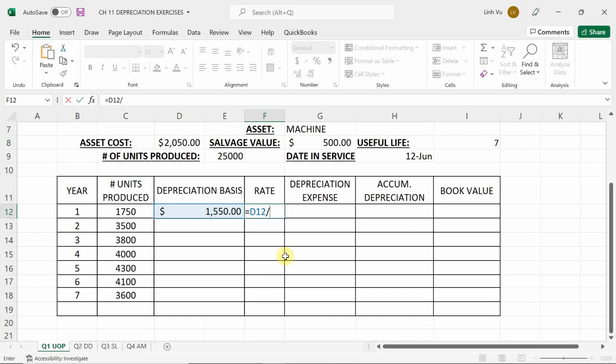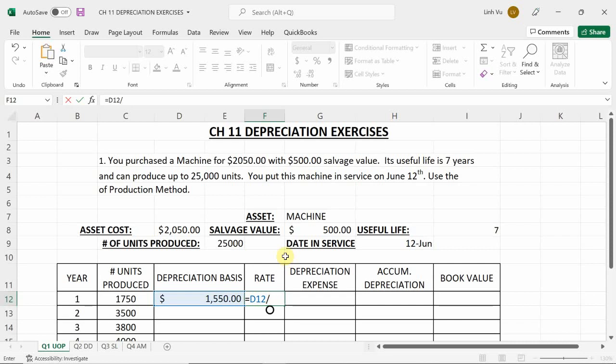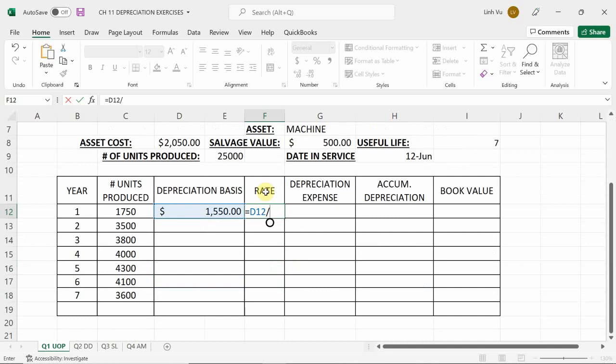No. It's the total number of units produced. How many units were we having? Not 500 units. Oh, okay, 25,000.